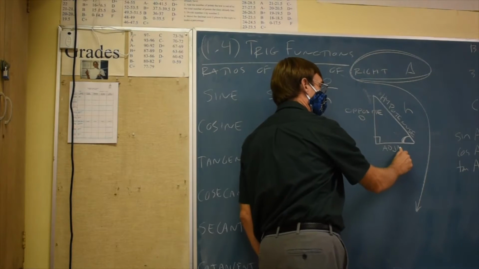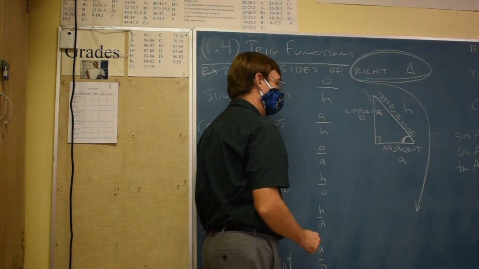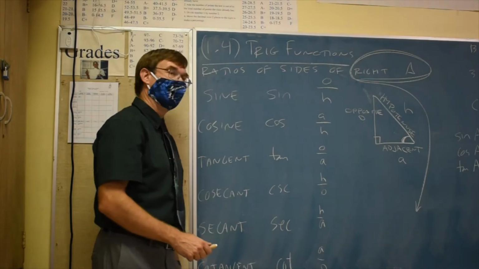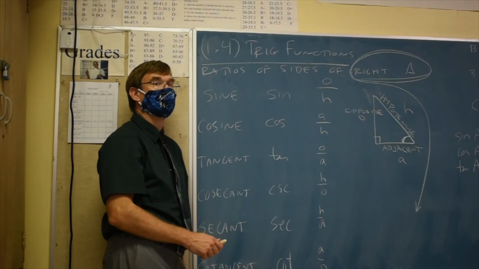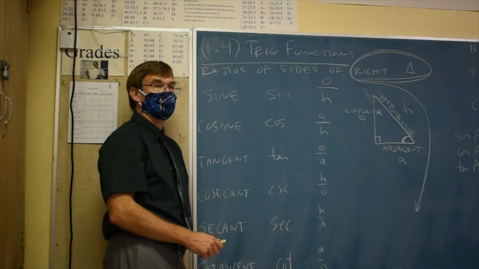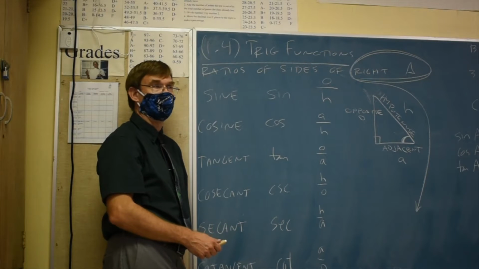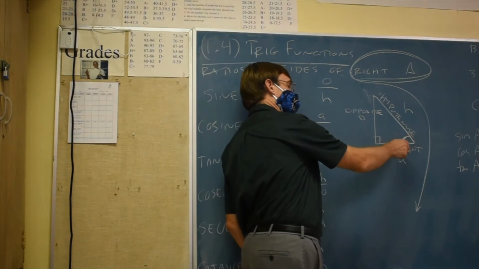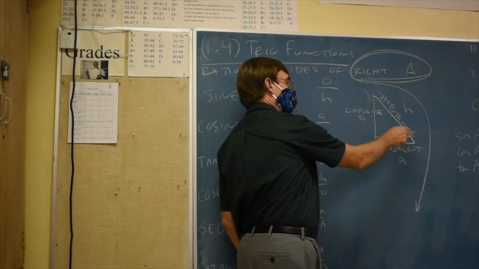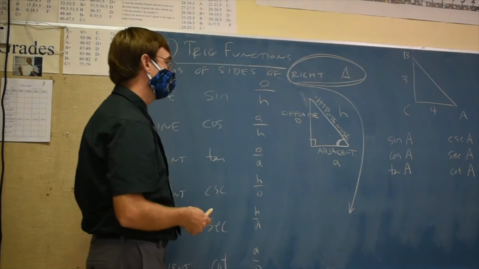And then this extra leg outside is called the adjacent, or A for short. Does anybody from the English vocabulary know what the word adjacent means? Next to? Next to. So right now Emily sits adjacent to Abby, and Abby sits adjacent to Emily and Raina. Just means next to. So this is the side that's next to our angle. This is the side that's opposite our angle. Instead of calling them legs, they each have their own individual names.